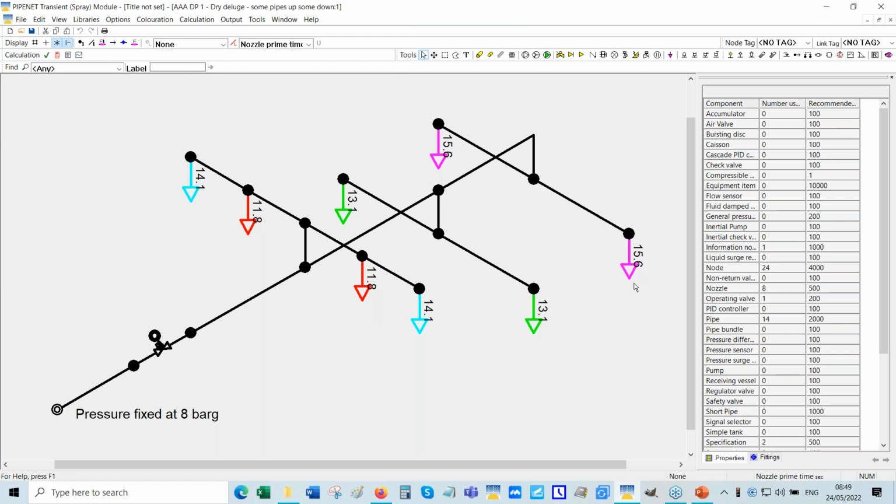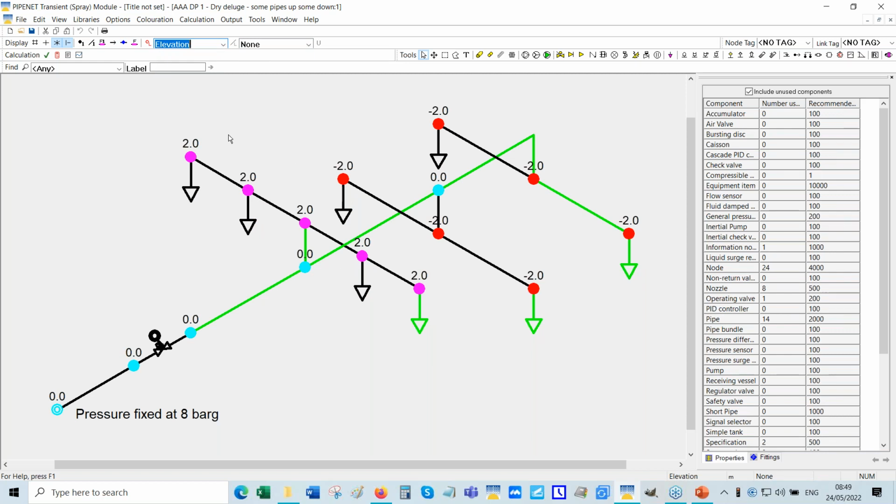So we can see the dry pipe 1 and dry pipe 2 work in virtually the same manner. Let's look at the elevation here. See, these are +2. That's -2.